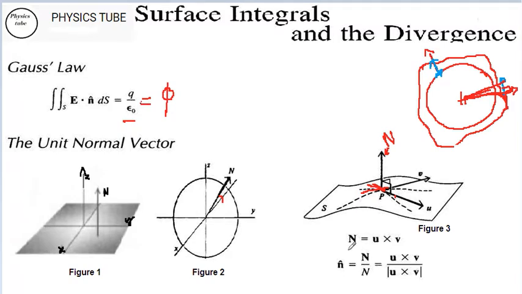This is how we can find the unit vector of a plane at that point.